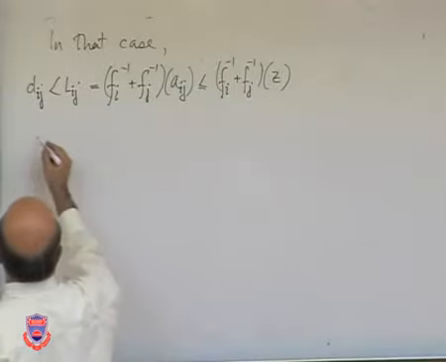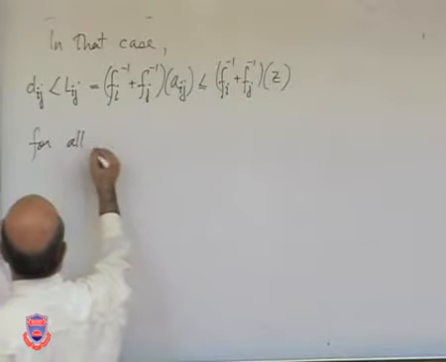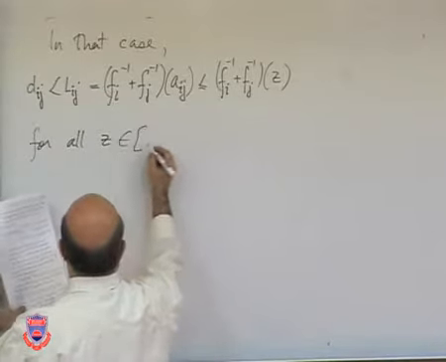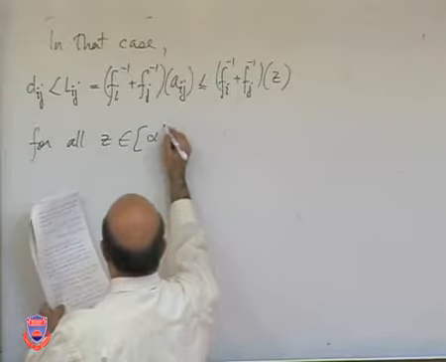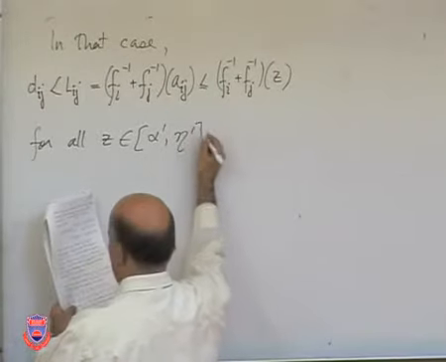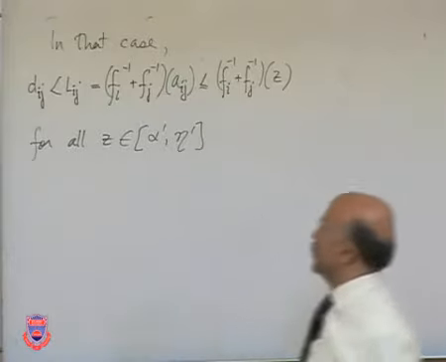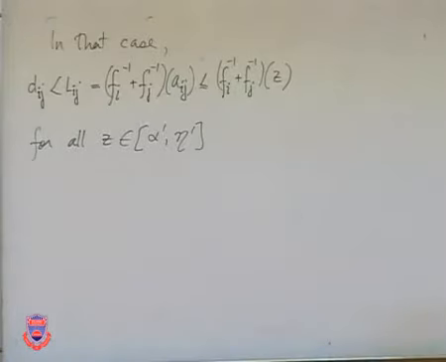This will be true for every Z in the interval alpha prime to eta prime. Why is that true? And what's the significance of that being true?